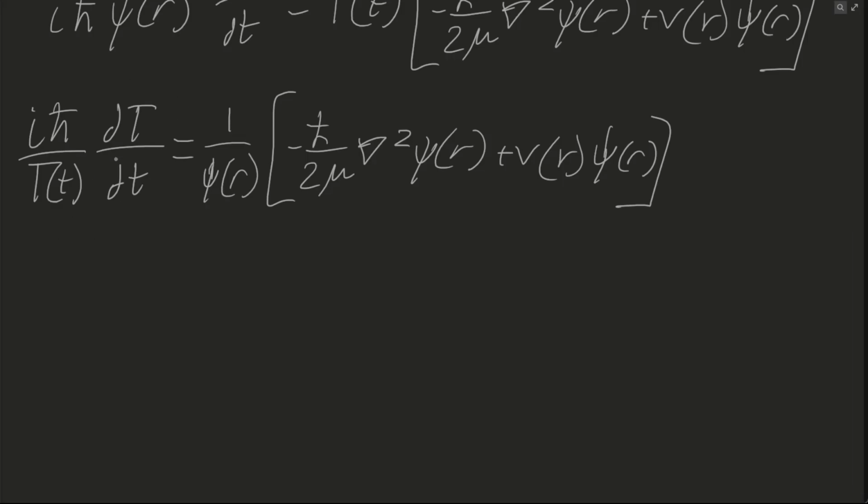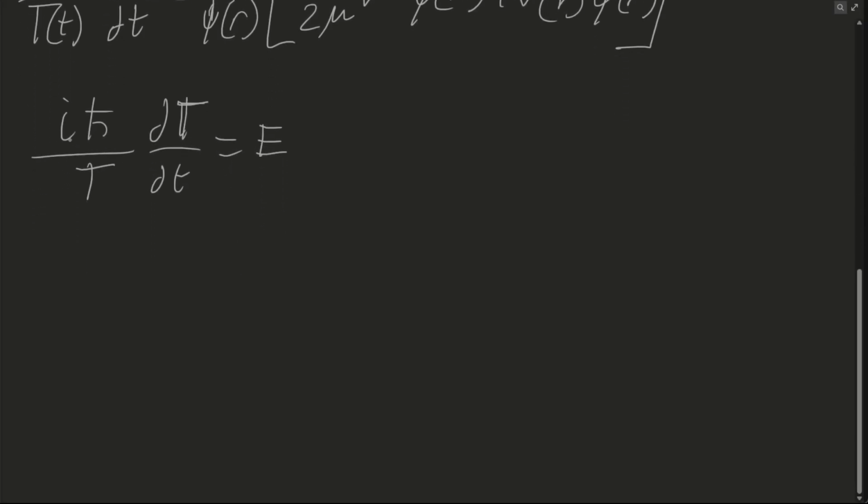So here we have the left hand side of this depending on time, and the right hand side depending on position, and that's nice because now they're separate and we have a differential equation. So how are we going to solve it? If we set the right side equal to E, which is the total energy in the system, both sides must equal that total energy. So i h bar over T times dT/dt is equal to E. That should just be a regular d, there's no partial.